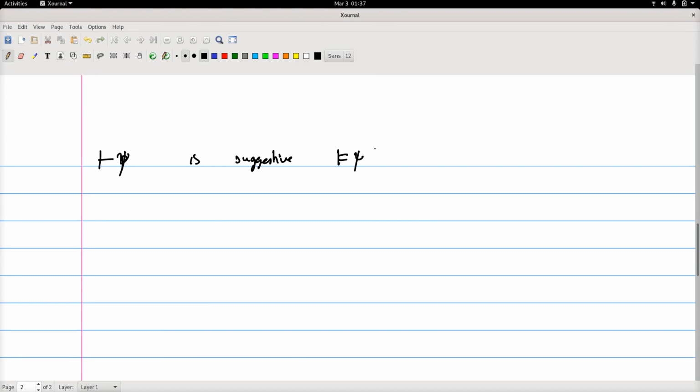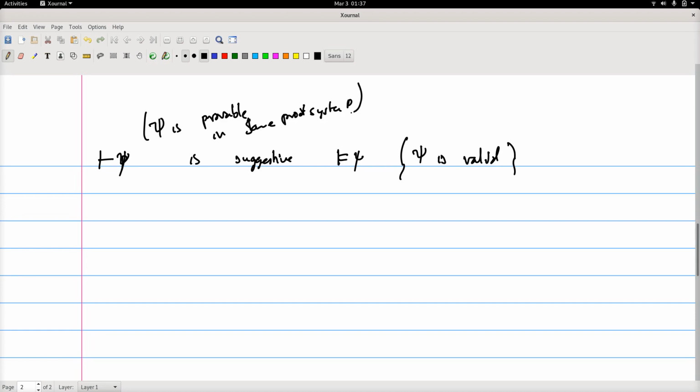Here we are saying C is valid, and here we are saying C is provable in some proof system P, but let's say for the time being that there is some fixed proof system. We'll look at examples of proof systems later on. So let's look at this comparison.